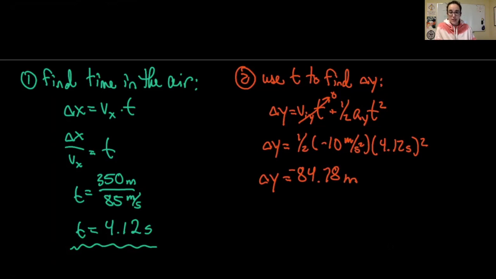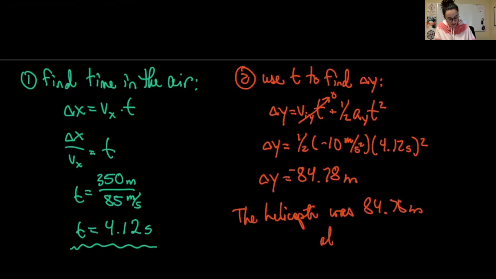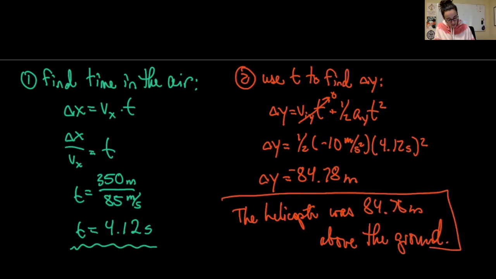Because I have 1/2 times negative 10 times the time squared. And so this is describing the vertical displacement of the camera. And so since the question asks how high was the helicopter, then strictly speaking, the helicopter was 84.78 meters above the ground. So really that's the answer here.